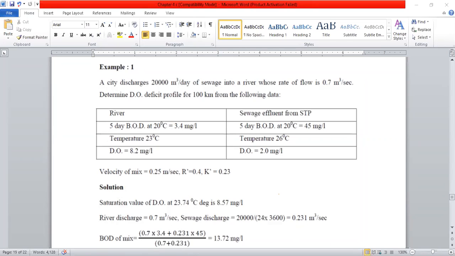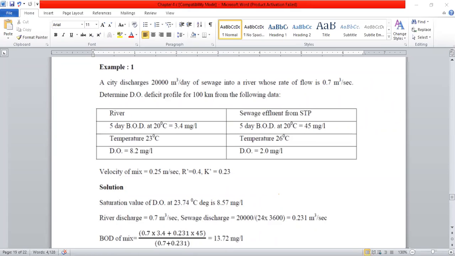Then here the temperature difference is given, so you need to find out the temperature of the mix also. The way you determined DOD mix and DO mix in the earlier two examples, you need to find out the temperature mix also. That is the difference in this example as compared to the earlier examples.